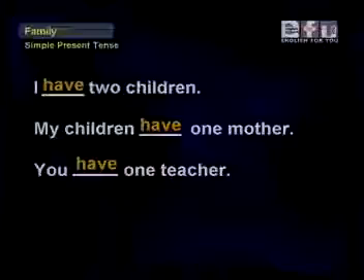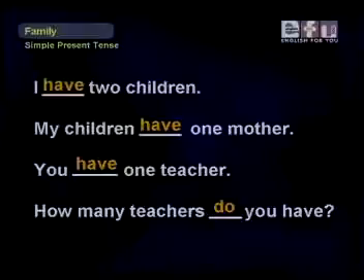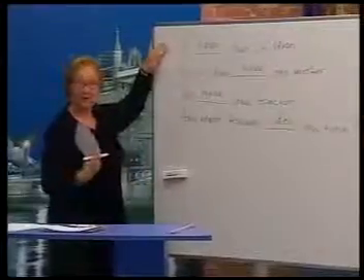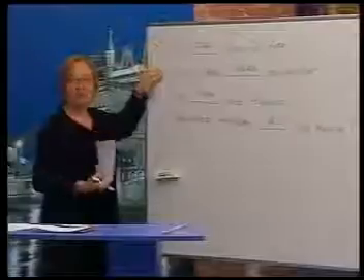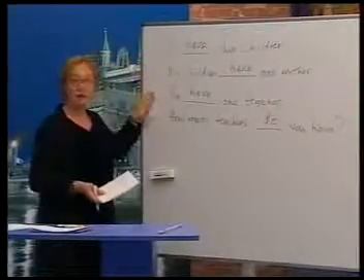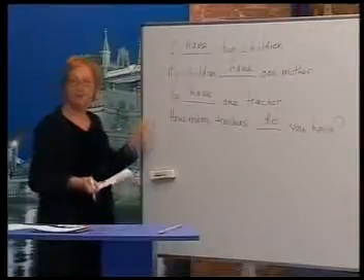You have 1 teacher. Yes. And Lisa. How many teachers do you have? Yes, good. So again, I have 2 children. My children have one mother. You have one teacher. How many teachers do you have?